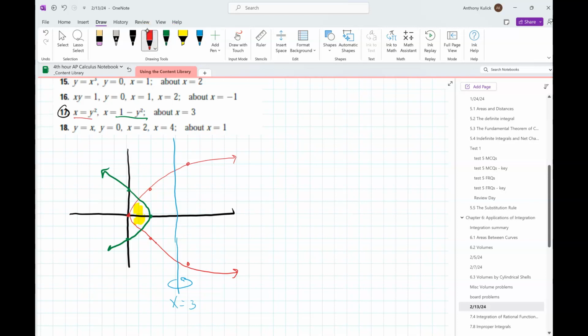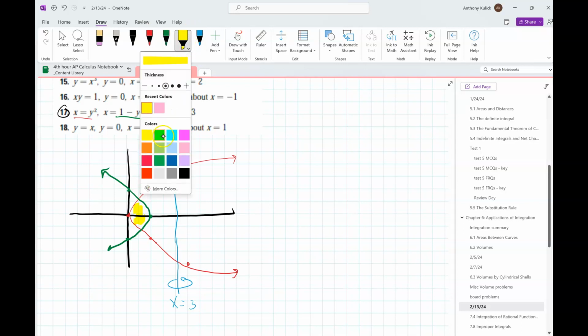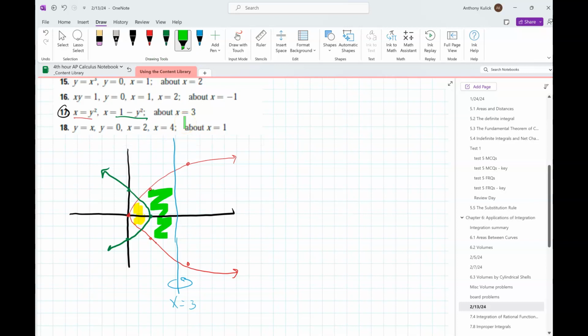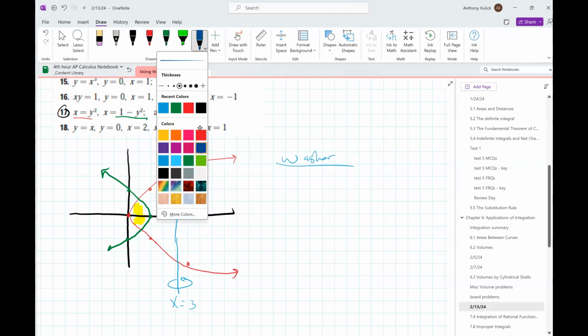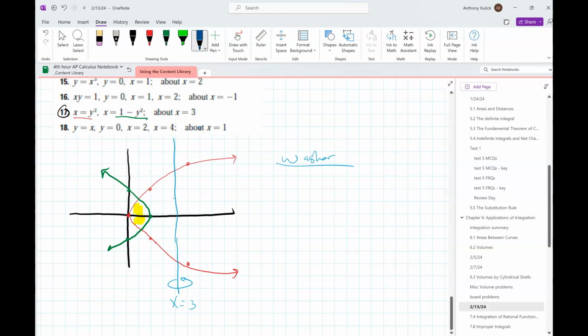Convex, concave, or hole? Hole, very good. And again, we can tell because there's a gap between the shaded region and the axis of rotation, right? All right. So since there's a hole, what are we going to be using? Washer. Good. So we have our inner and then our outer, right?